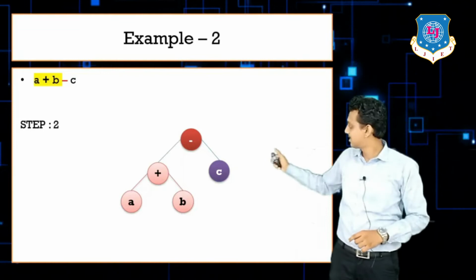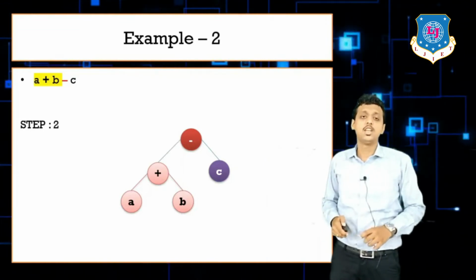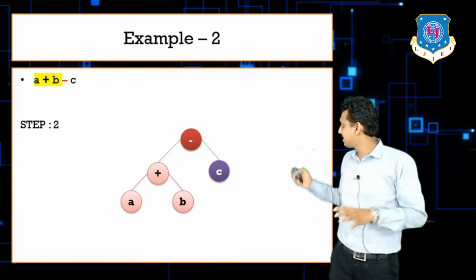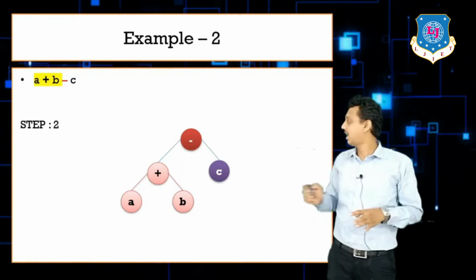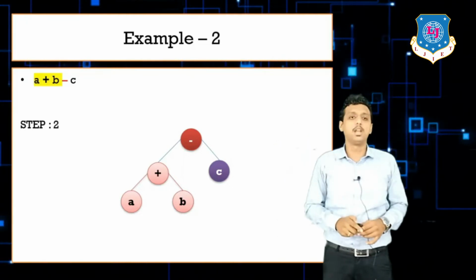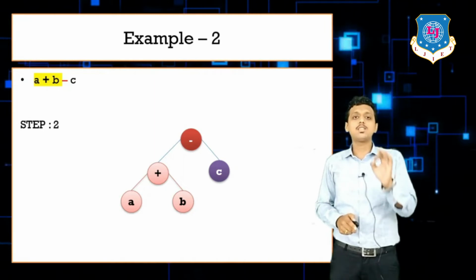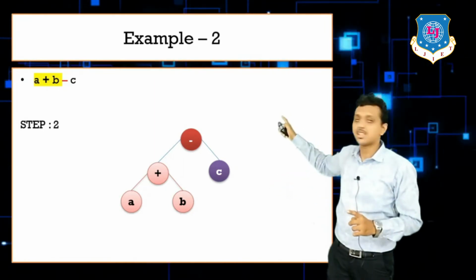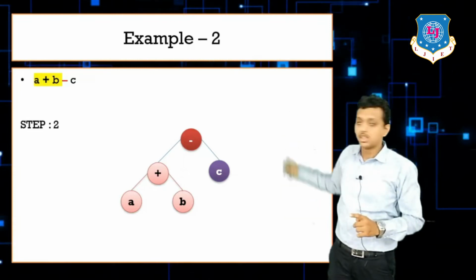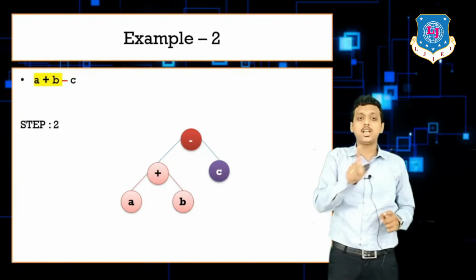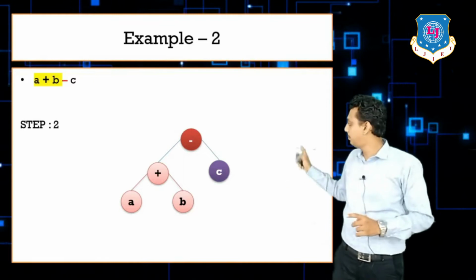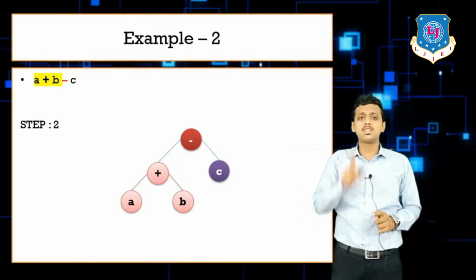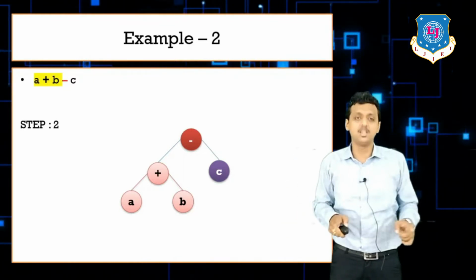Here it is. See, here it is. So what I just did, I connected the left pointer of minus with plus. Always try to connect like this. Please do not connect the minus left pointer to b directly. Many students made the same mistake in previous years.